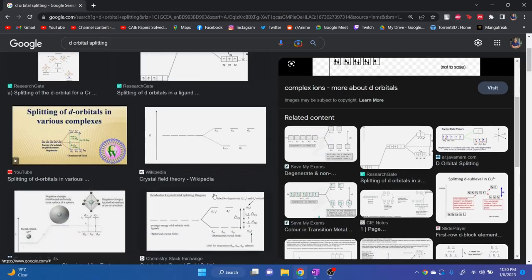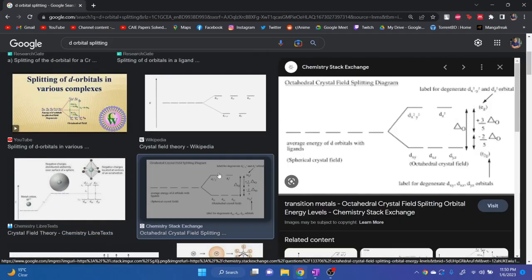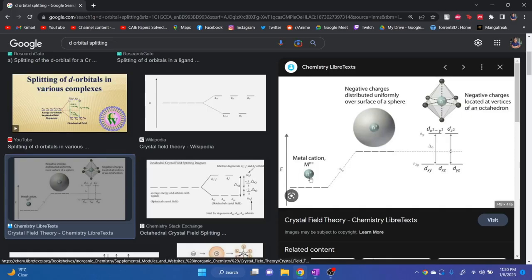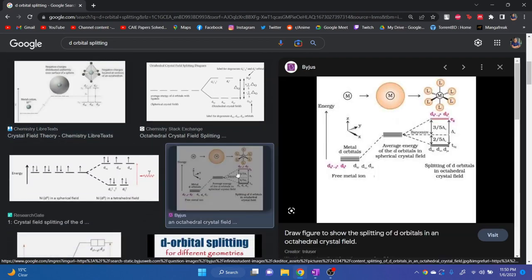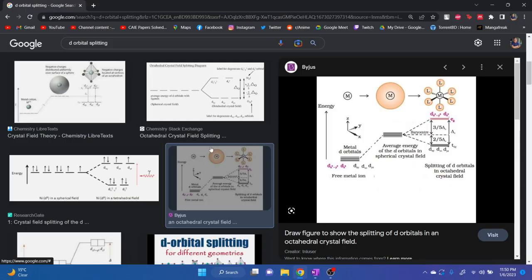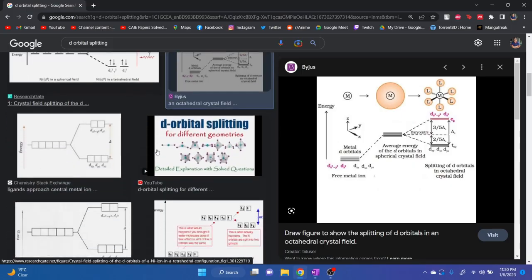So probably, like I tried to draw this figure, okay, but this isn't isolated. So at first, when it's isolated, it should basically have very low energy, and then it gets higher energy, which is split into two parts. They meant that basically. Okay, this is the free metal ion. Okay, probably this is what they meant.